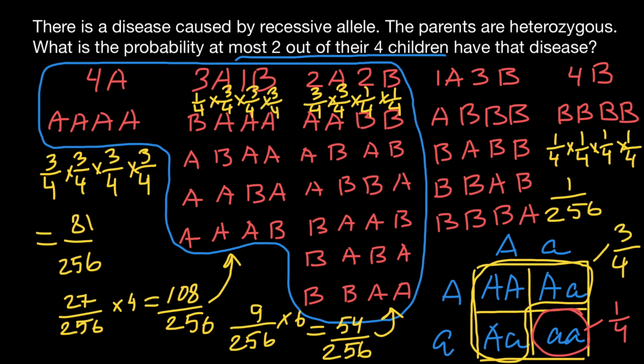And our final calculation is going to be to add all these 3 variants, so the 1st, 2nd, and 3rd, which represent this column, this, and this. So 81 plus 108 plus 54.